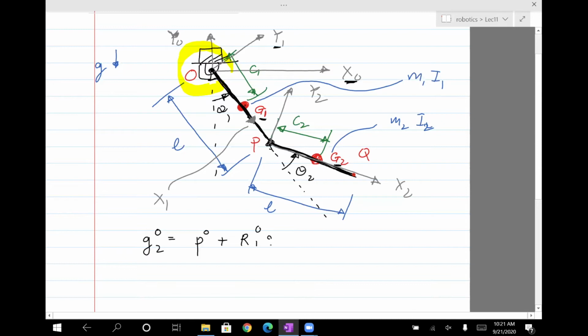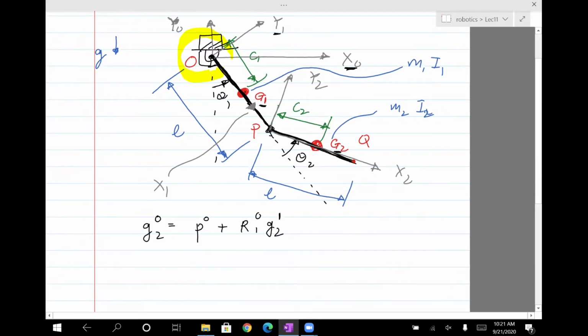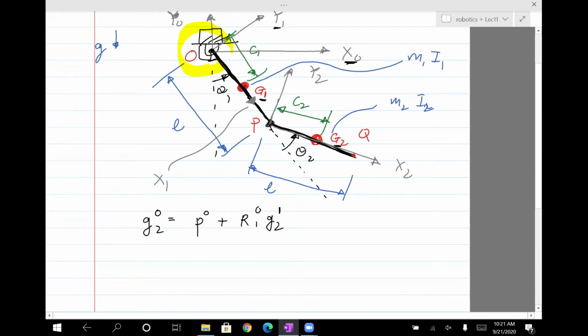G2 in frame 1. Okay, so this is basically, maybe an aside. So G2 in frame 1 is R21 G22. This is the formula which basically tells me how I can find the position of G2 in frame 1 given the axes P, X2, Y2.